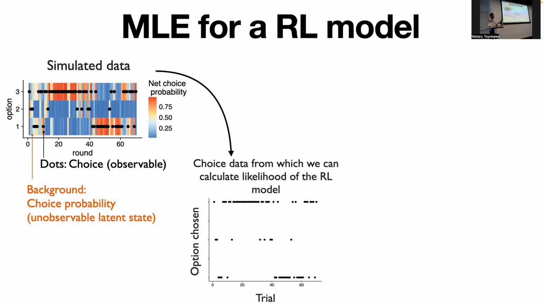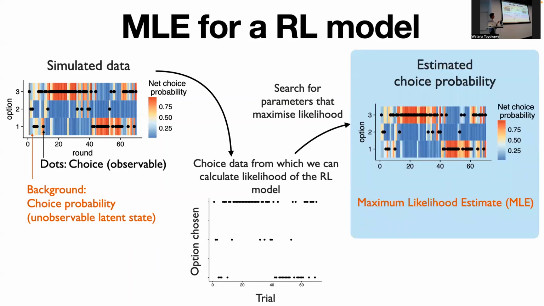We also give the payoffs as well. That's important. What we're doing with our model is trying to fit the parameters of the model, for instance, alpha and beta, that maximize the likelihood of the observed data. Given a set of parameters that we've estimated, we also recover some choice probability from our model, and it's actually quite similar to the choice probability of the generative model here as well.